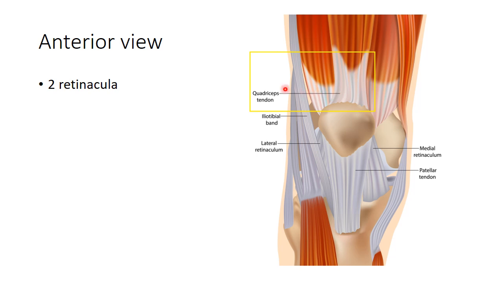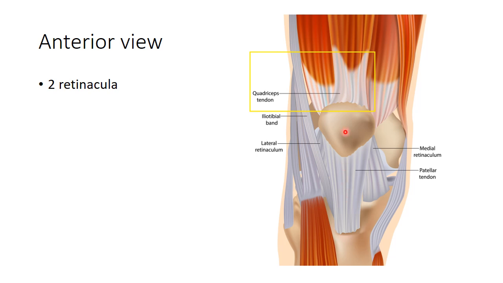So that is the quadriceps tendon, and from the patella to the tibial tuberosity is the tendon called the patellar tendon. So there are two tendons in front, in the anterior view. That is again numeric 2.